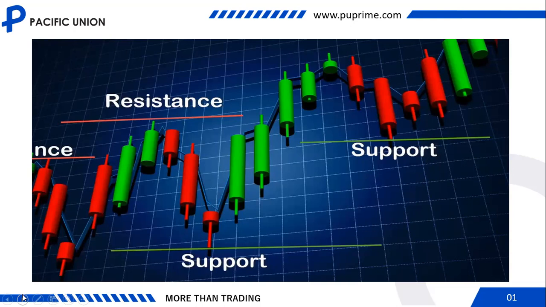So now today, what brought us here is the word support and resistance. Many of you might have heard of support and resistance.